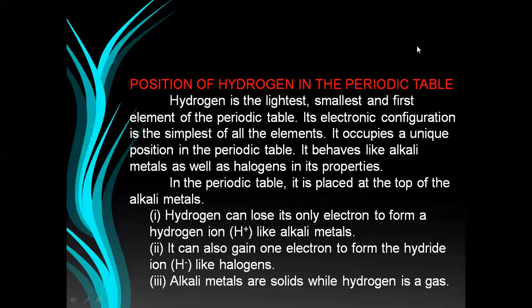Next, we have discussed the position of hydrogen in the modern periodic table. It is the lightest and the smallest element in the periodic table. It has a specific place in the modern periodic table. It is first placed in the periodic table because of its electronic configuration and it occupies a simple place.